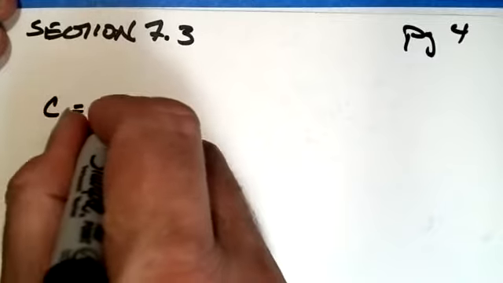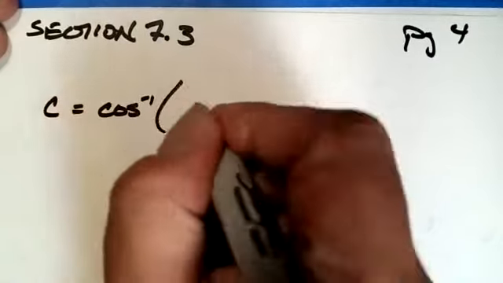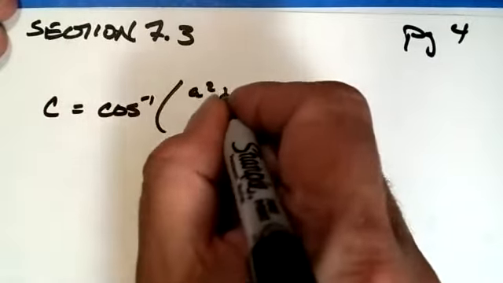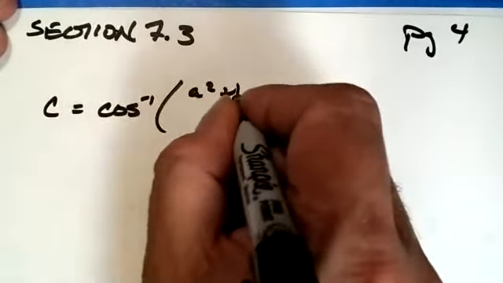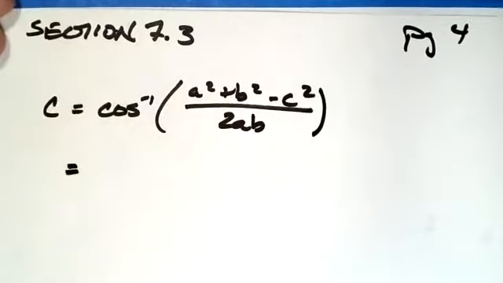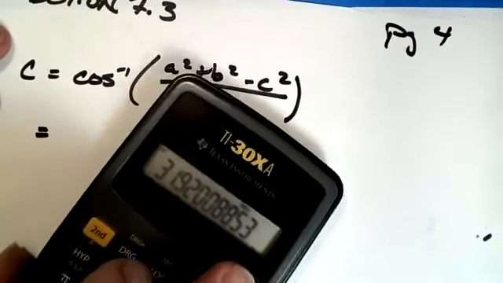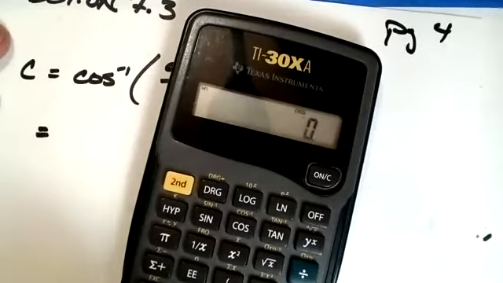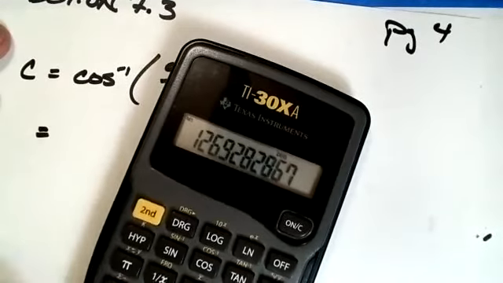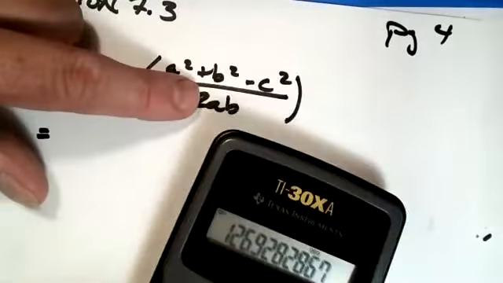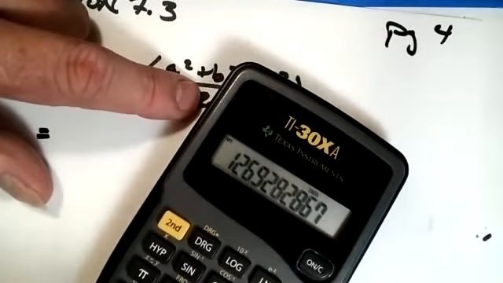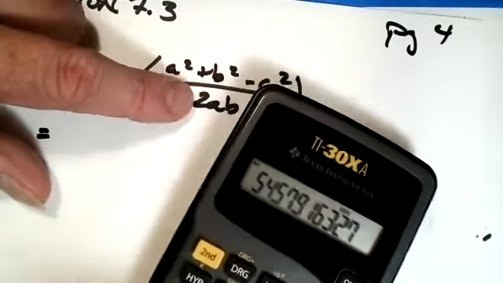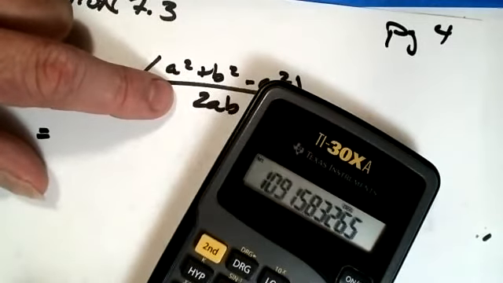So C is equal to the inverse cosine of A squared plus B squared minus C squared over 2AB. And again, I'm going to come back to B. So B was 126. I'm going to multiply that by A, which was 43, and multiply that by 2.